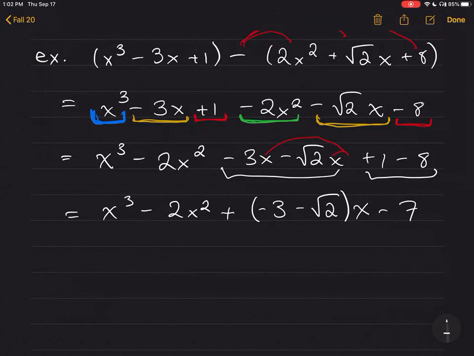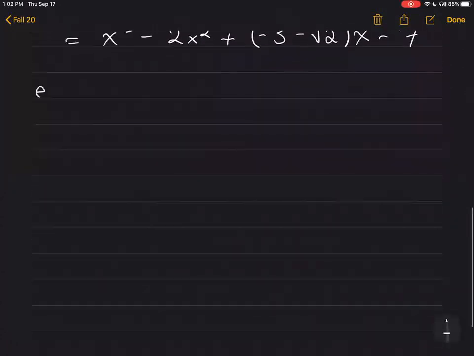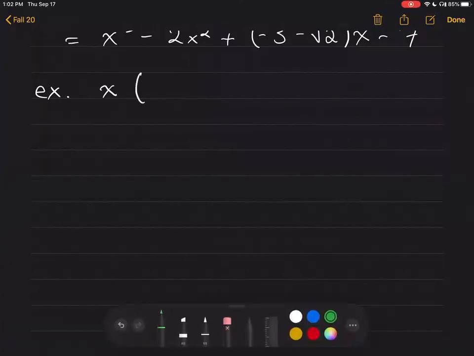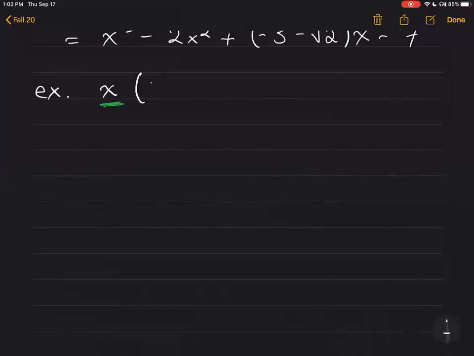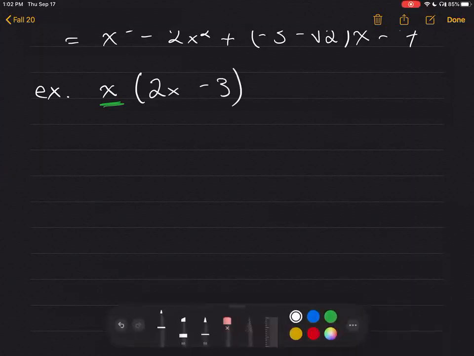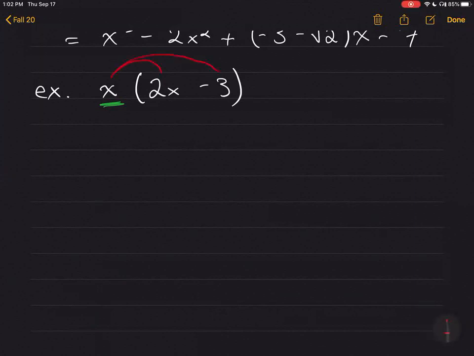Unfortunately, multiplication with polynomials is a little more complicated. So, for example, let's try a really easy one first. Let's do a 1-degree polynomial, x. So this right here is in fact a polynomial, just degree 1, no coefficient. And then let's multiply it by 2x minus 3, also a degree 1 polynomial. So how do we do something like this? Well, we're going to take this x and we're going to distribute it into the parentheses like this.